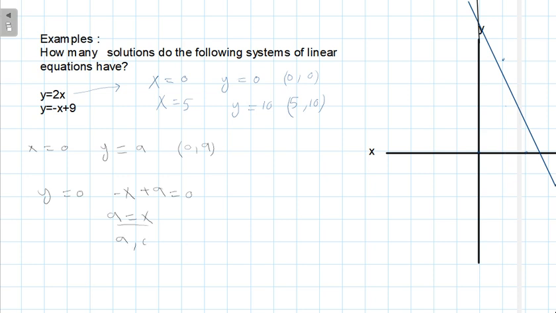The other point is 9, 0. So when representing this, roughly we will find out that there is one intersection here, and this system is consistent and has one solution.